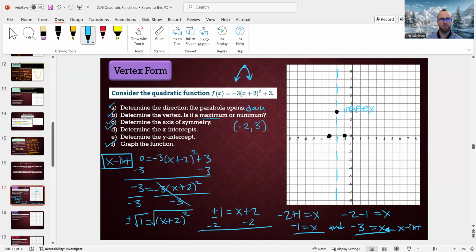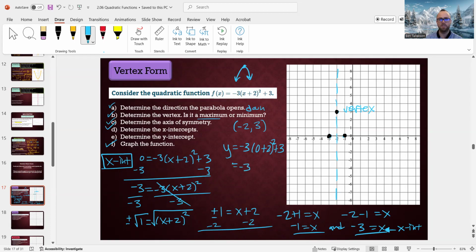Found that, we're doing that. How do you find y-intercepts? That's once again when x is equal to 0, right? So you might be in the beginning of this lesson thinking, oh, there's all these different forms, it's going to get tricky. There's a lot of things in common, right? You're doing a lot of the same stuff.